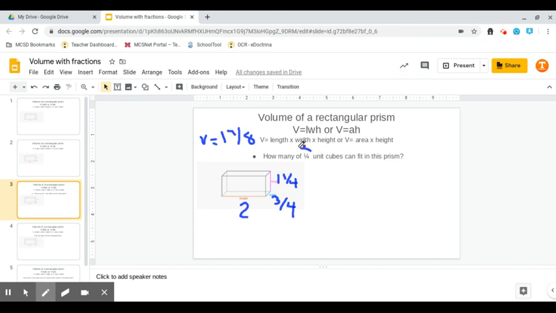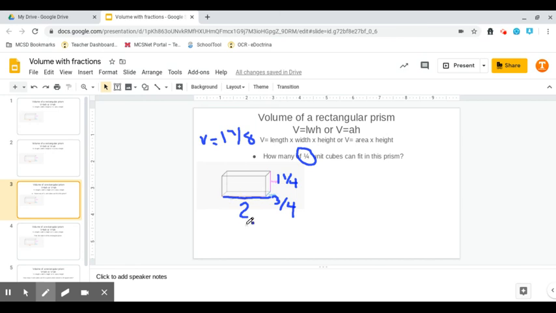I want to know how many 1/4 inch cubes can fit inside this. So if I had a regular 1-inch cube, I could fit 2 of them this way, 3/4 of one this way, and 1 1/4 that way. But I'm not looking for a regular cube. I'm looking for a 1/4 cube.